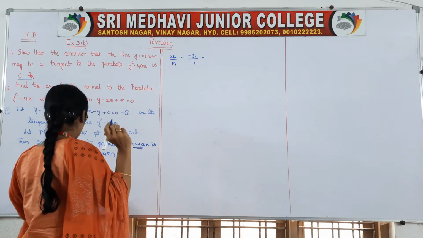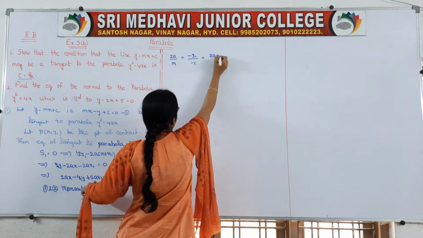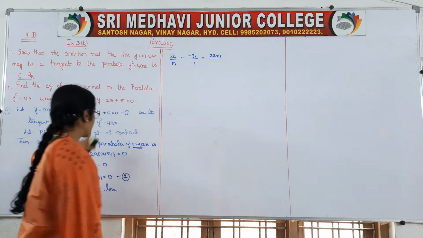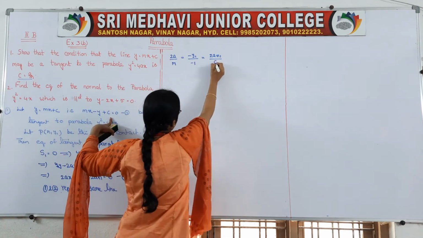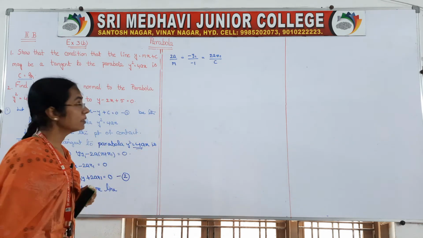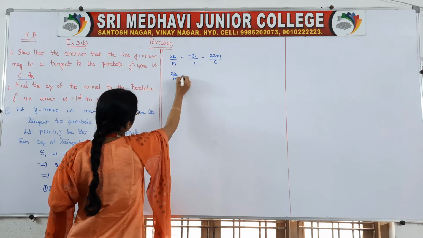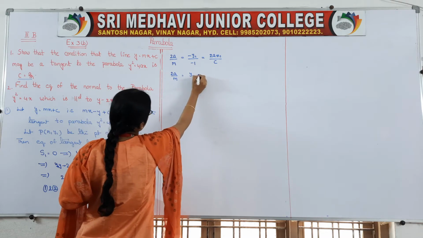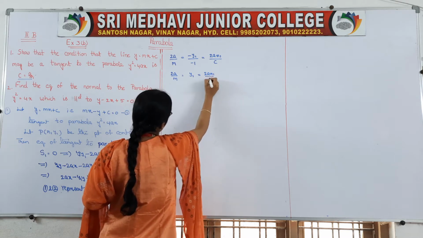What is the constant of the second line? It is 2a x1 by the constant of the first line. What is the constant of the first line? C. Okay. So, it is 2a by m is equal to y1 is equal to 2a x1 by c.